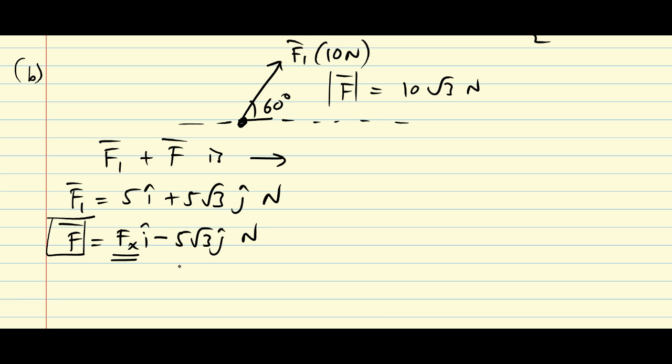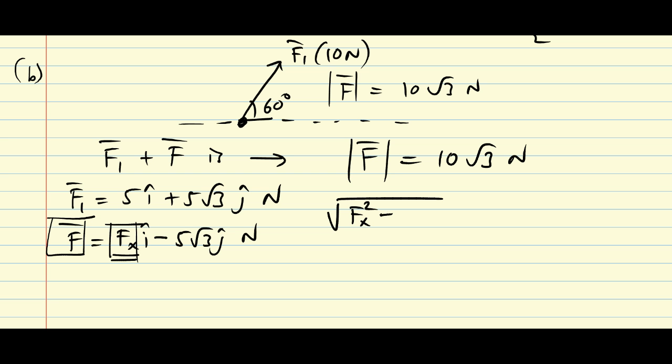I need one equation because I've got one unknown Fx, and the equation of course is mod F bar is 10 root 3 newtons, which would mean that square root of Fx square plus 5 root 3 the whole square, that's the mod of F bar, that's 10 root 3 newtons.